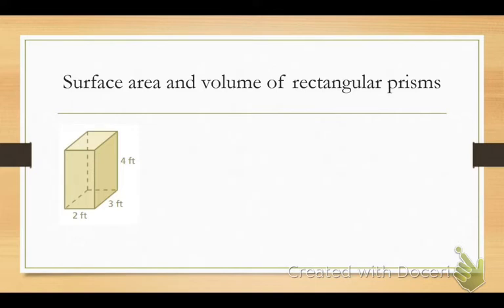Okay, so surface area equals 2 times the length, 3 times the width, 2, plus 2 times the length, 3 times the height, 4, plus 2 times the width, 2 times the height, 4. Okay?